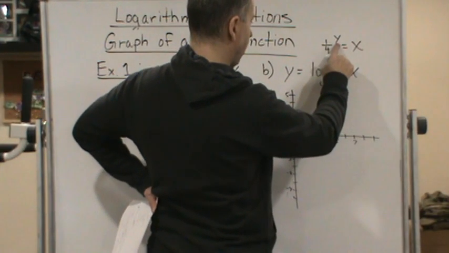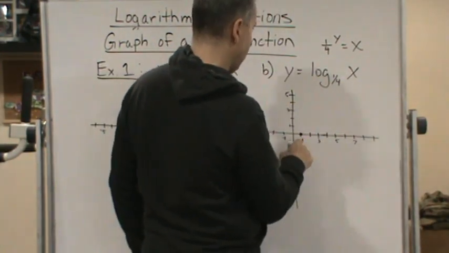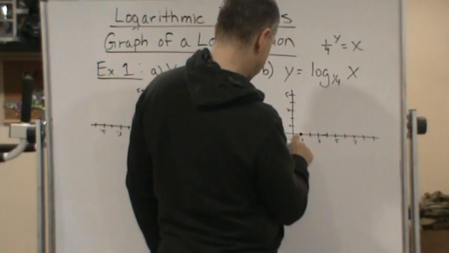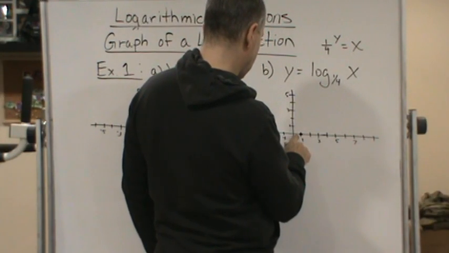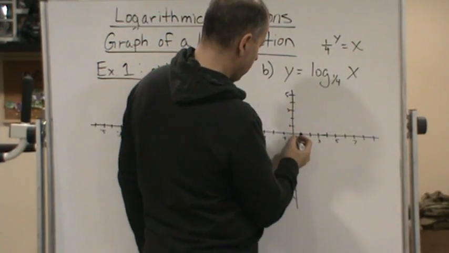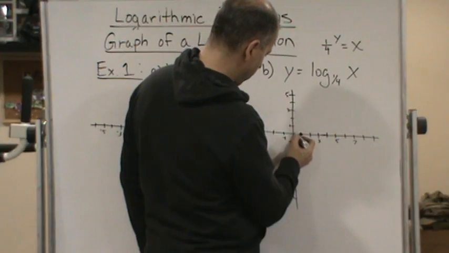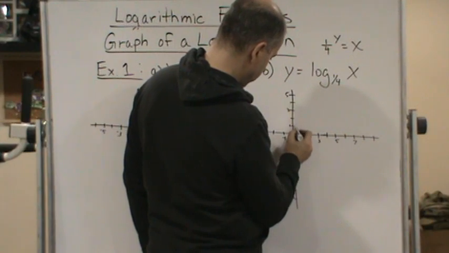I just want to make sure I'm plotting this right. Yep, so x is 1/4. So when y is 1, x is 1/4. So at 1/4, we're here at 1.